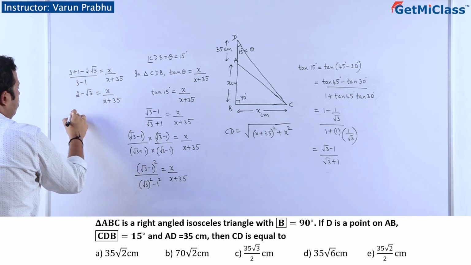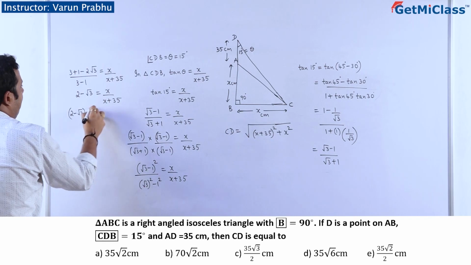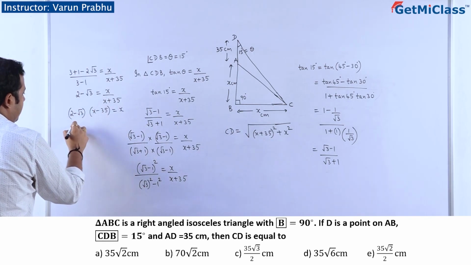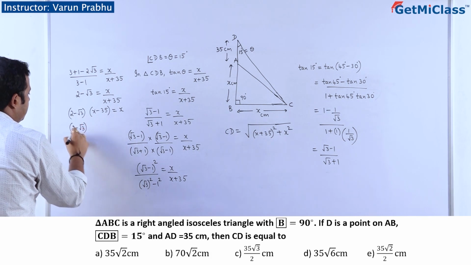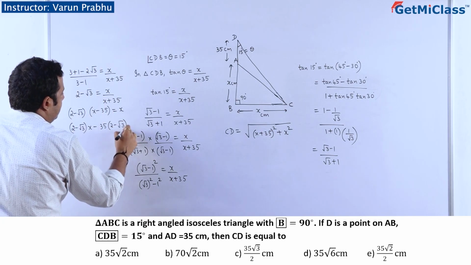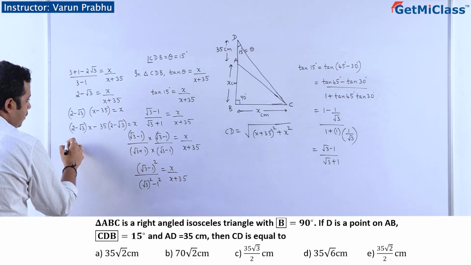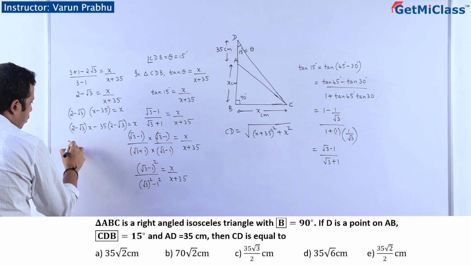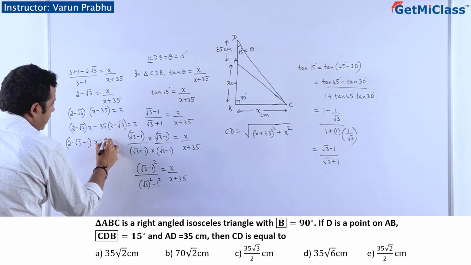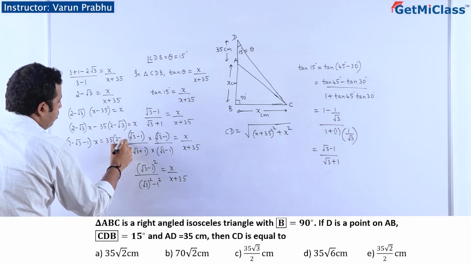Correct? So 2 minus root 3 into (x plus 35) is equal to x. So I can say 2 minus root 3 times x plus 35 into 2 minus root 3 is equal to x. So we can say (2 minus root 3 minus 1) times x is equal to minus 35 into 2 minus root 3.